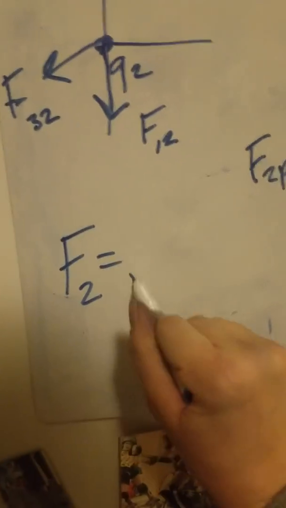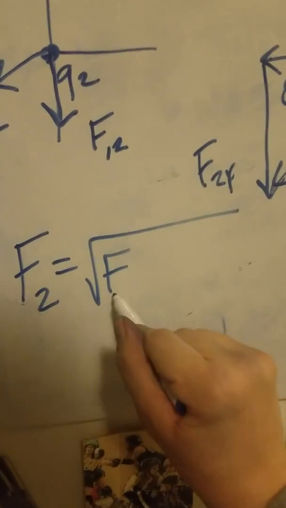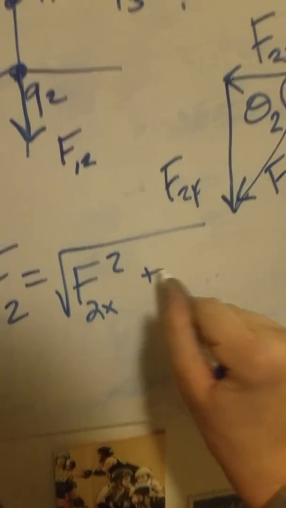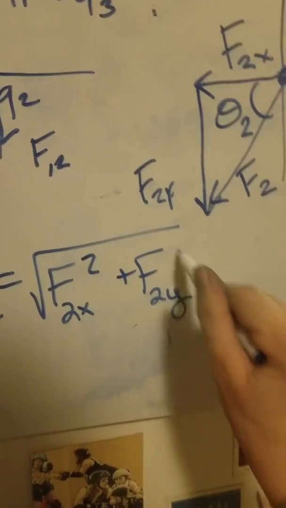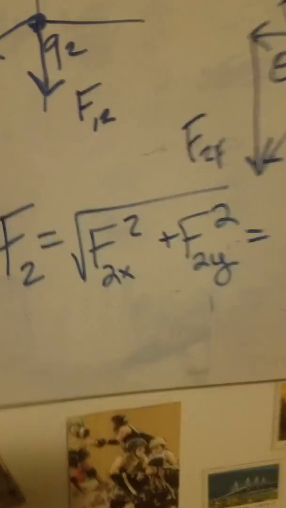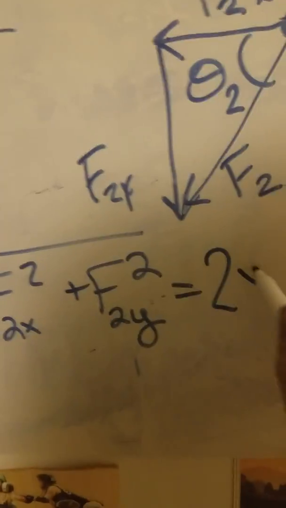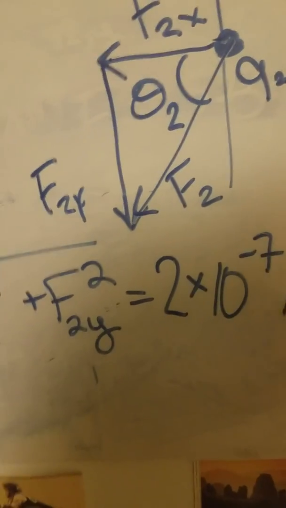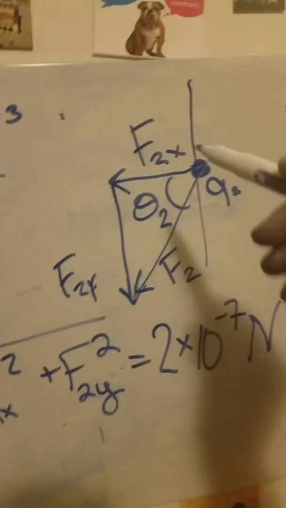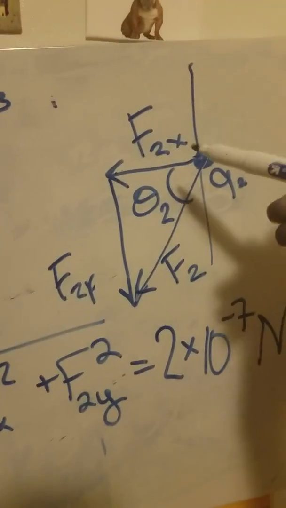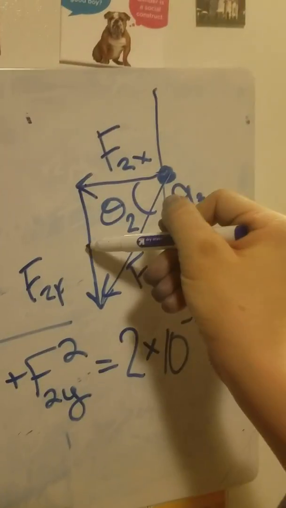So then we can get overall F2 using the Pythagorean theorem. And for F2, we end up getting what comes out to just about 2 times 10 to the negative 7th. And then theta 2, we could do any number of trig functions. I like inverse tangent, right? Inverse tangent y over x.